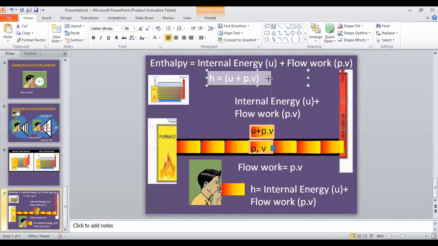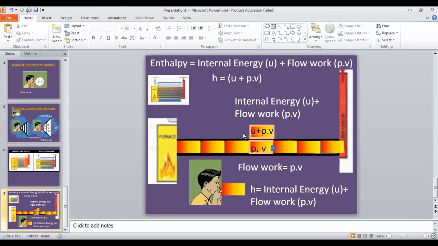This is a very important thermodynamics parameter, or we can even call it a thermal property. That is U plus PV.